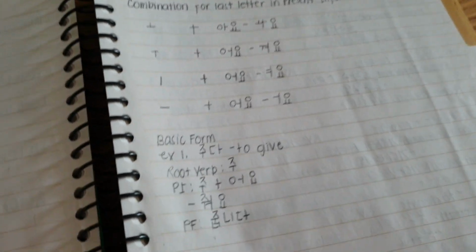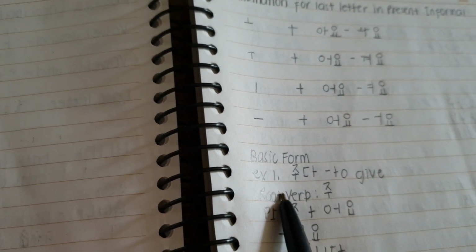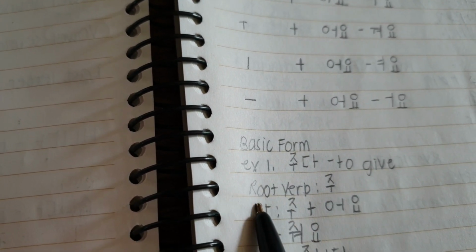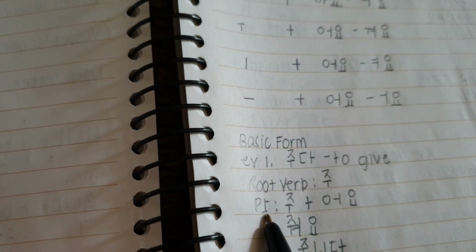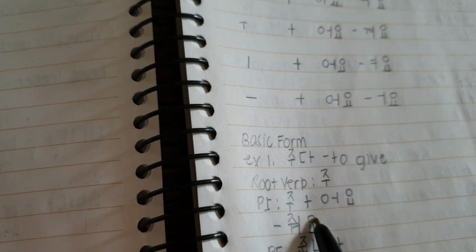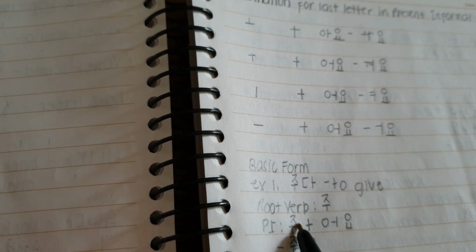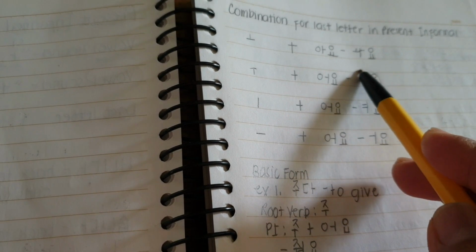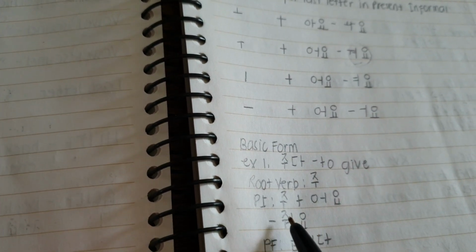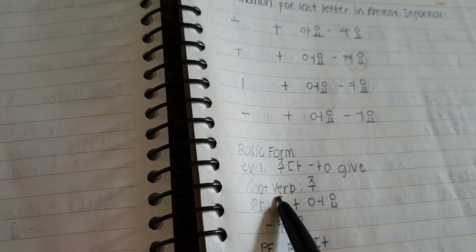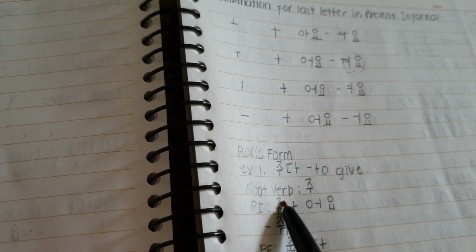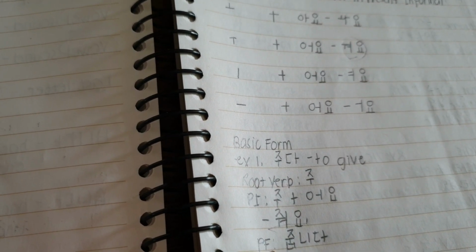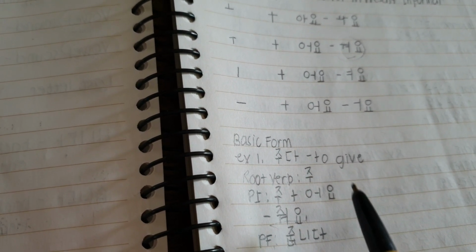So the basic form, for example, is 주다, to give. Root verb is 주. Then the present informal would be, since this one is u, so you're just gonna add oyo, and this would be joyo. So this would be combined. That's why it becomes joyo. Then present formal would be 줍니다. This would be pronounced p. This would be pronounced as m. 줍니다.